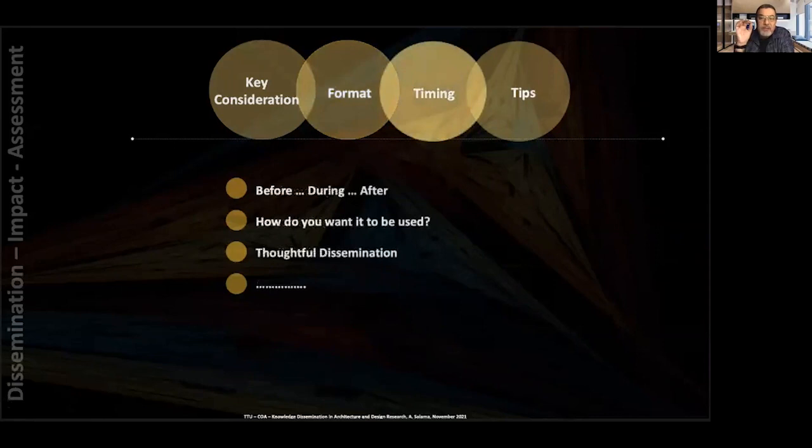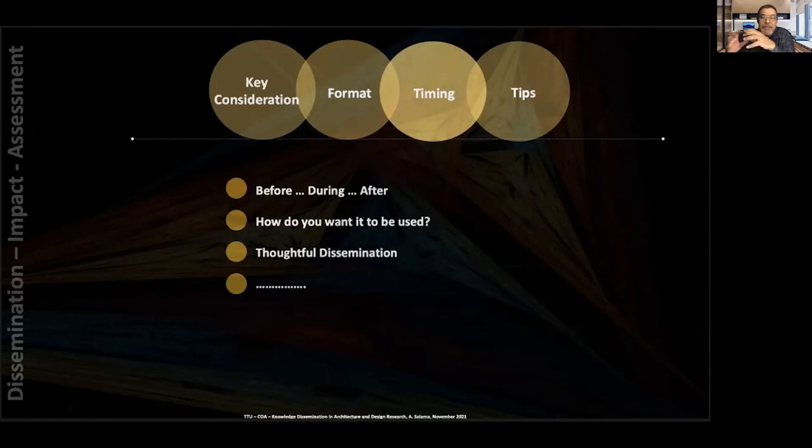When it comes to timing of disseminating the message, it should be noted that dissemination can also take place before, during, or after the research process. So that's very important. Noting that if the audience, for example, is the professional or academic community, they will be aware of the topic you are investigating, so they are interested more in the results, not in the basic understanding of the topic.